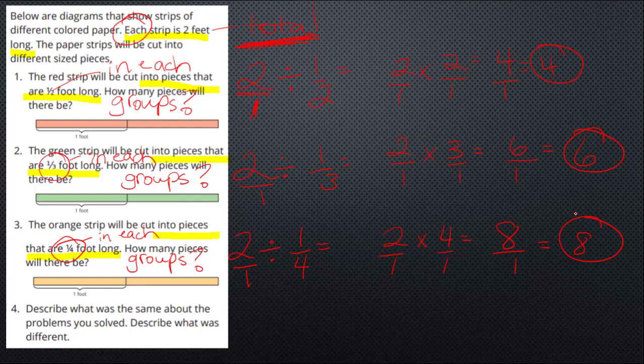So on this first one, each piece was a ½ foot long, and we had 4 pieces. On the second one, each piece was 1/3 long, and we had 6 pieces. On the third, each was a 1/4 foot long, and we had 8 pieces. So we are ending up with more pieces each time.